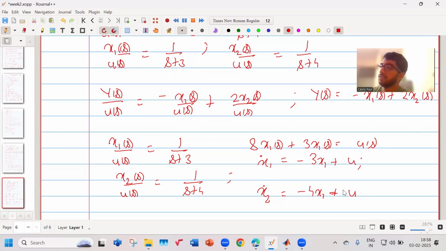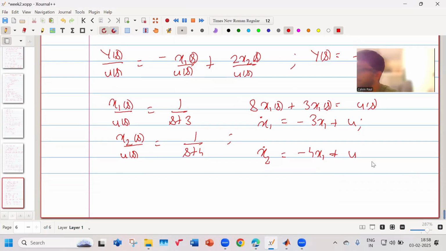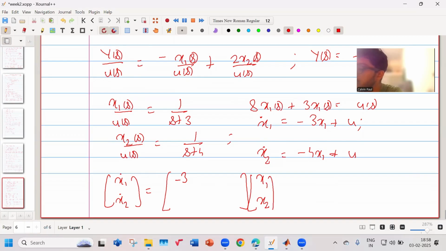Okay, so now how we can write it as x1 dot, x2 dot is equal to minus 3, this in terms of x1, x2 plus b into u.